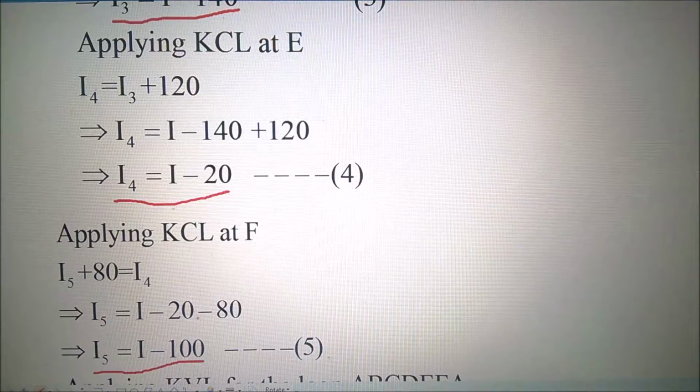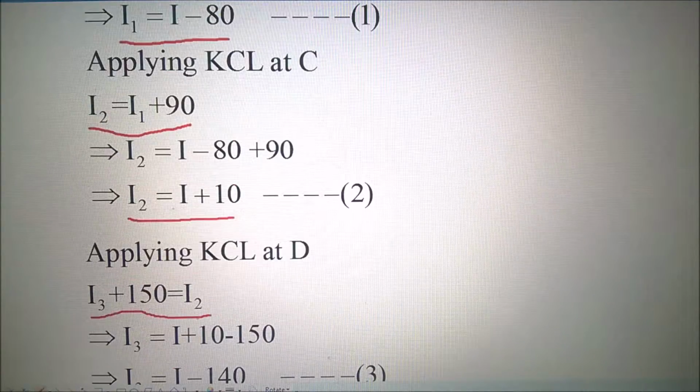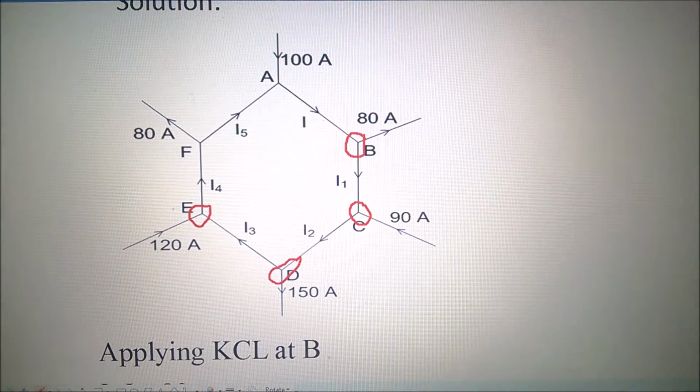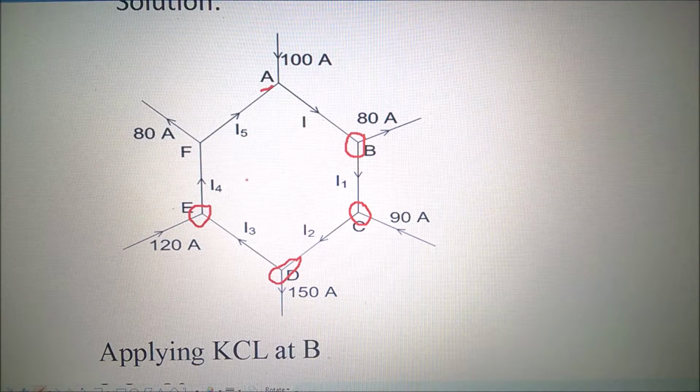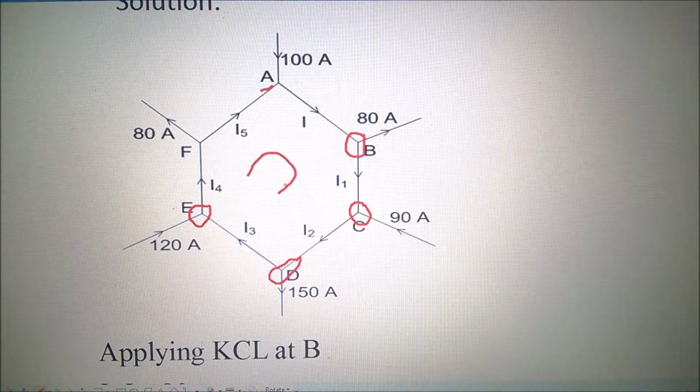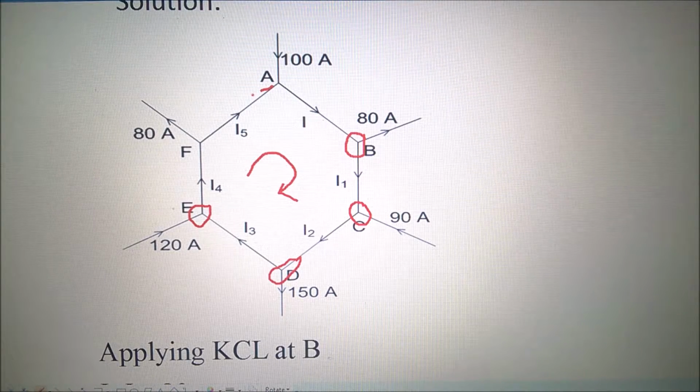Now we'll apply Kirchhoff's voltage law. We'll take the clockwise direction, therefore A, B, C, D, E, F, and A. Here there are no batteries, no voltage source.